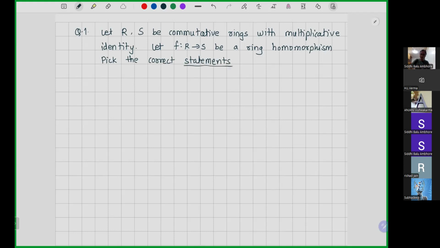There could be one or multiple correct options from the below.